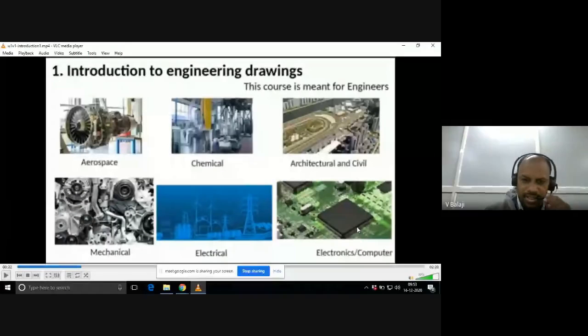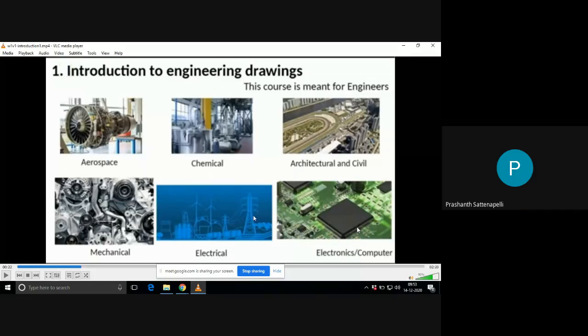For mechanical, civil and architecture, our subject is very important as you are building so many mechanical components used in the aerospace and automobile industries and many other industries. Even some electrical companies require mechanical engineers for design and manufacture.